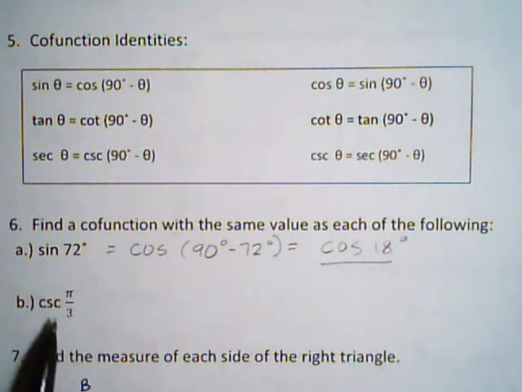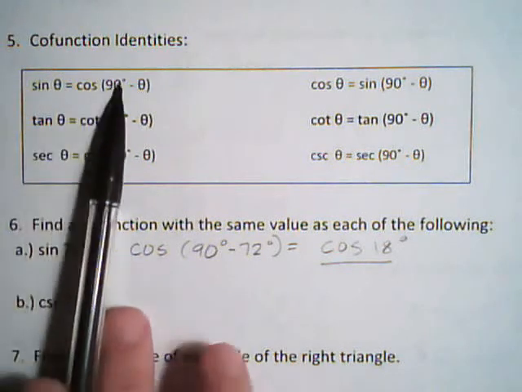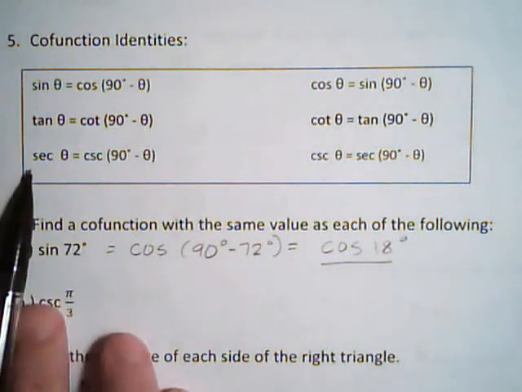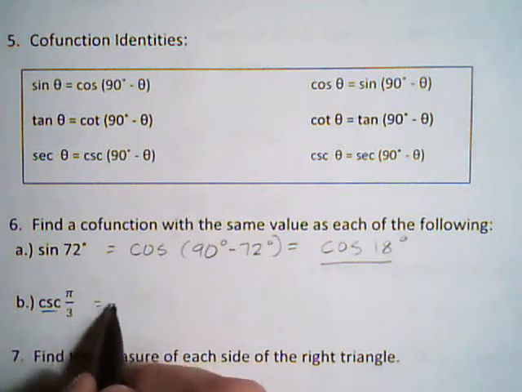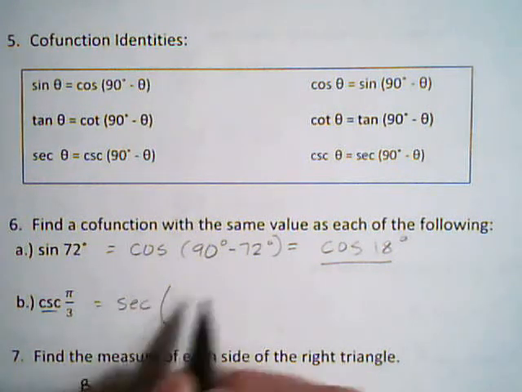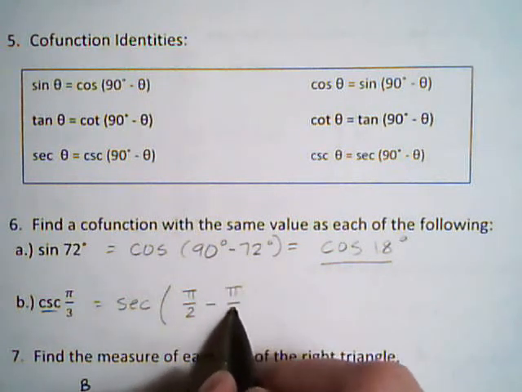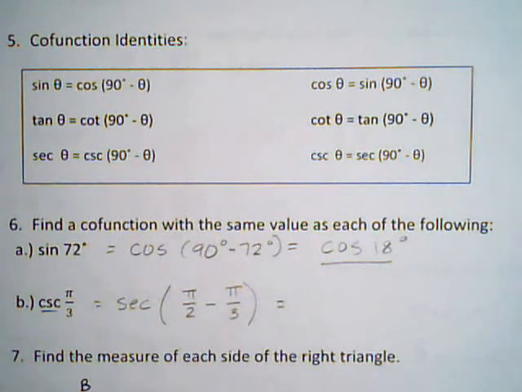Alright, what if my angle is in radians? Okay, if it's in radians, instead of 90 degrees, we would use pi over 2. Okay, so I would say my cofunction to cosecant is secant, so this would equal the secant of pi over 2 minus pi over 3. Okay, so instead of a 90, we just have pi over 2.